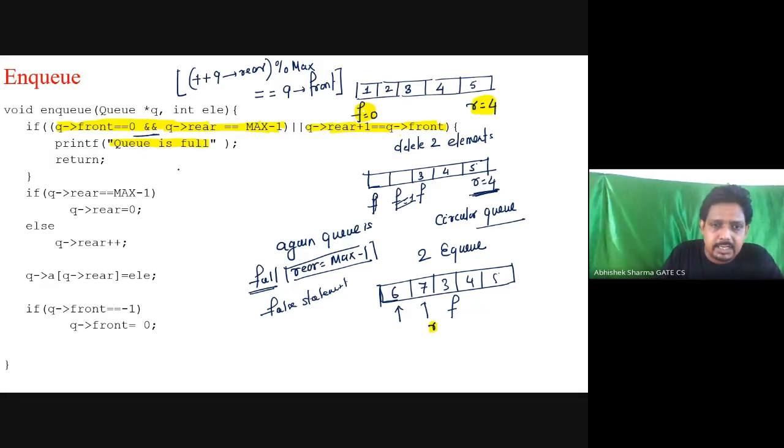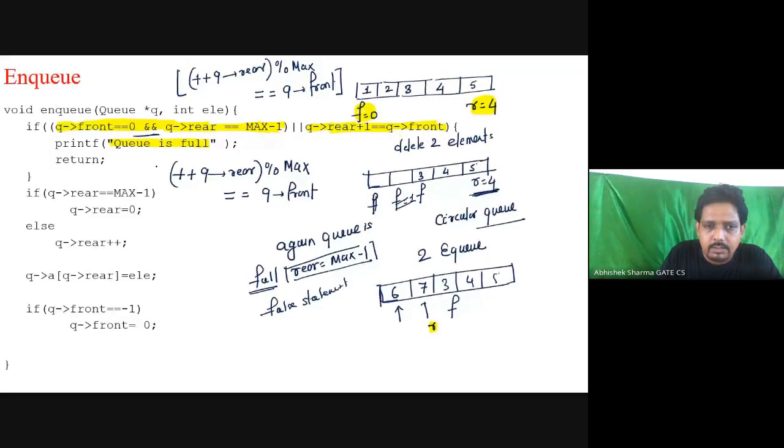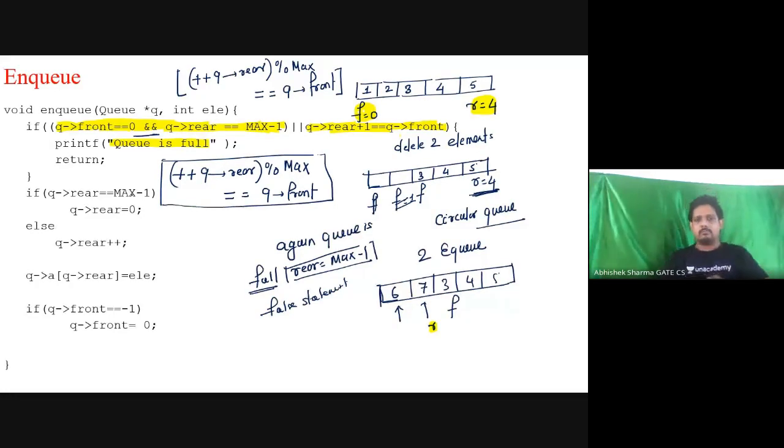Is it visible? I guess. First you increment rear, and then do modulo max, and it is exactly equal to your queue pointing to front index. Please let me know whether it is clear or not. Is this statement that I have written equivalent to these two conditions? Will it check or not? Please take your time and then answer.